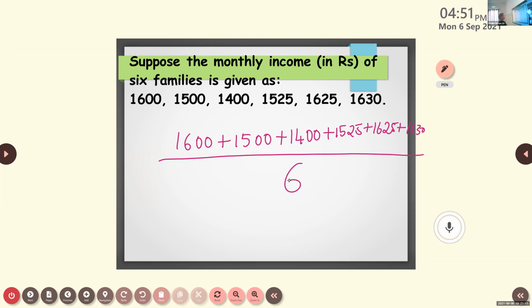Now, everyone add it and see how much the total is.